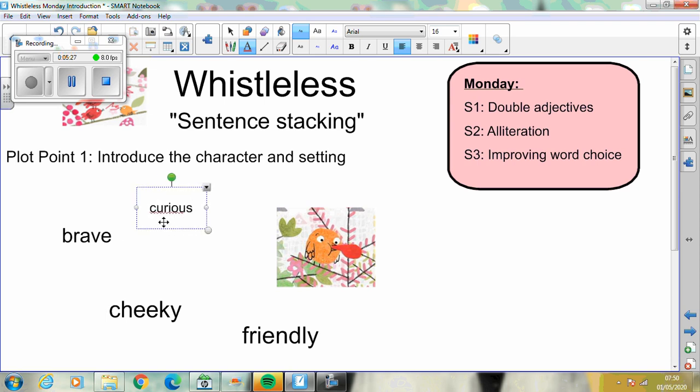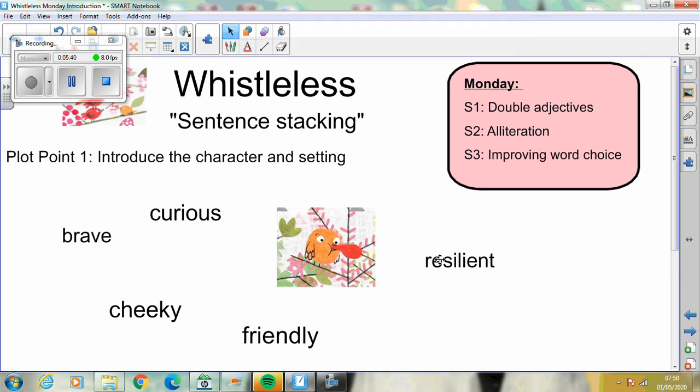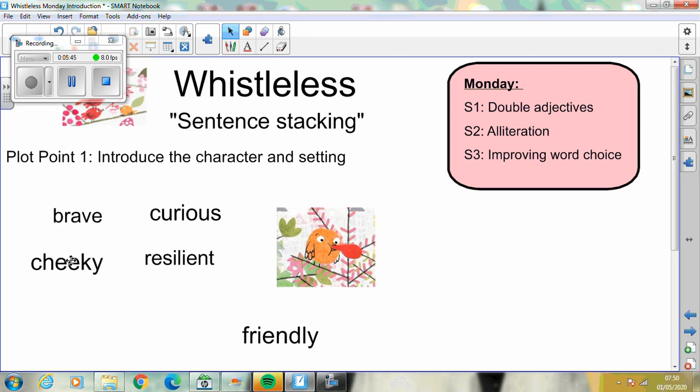I think he's curious. I think he's resilient because he never gives up. Now these are words that very much describe Whistleless's personality, what I think his personality is like.